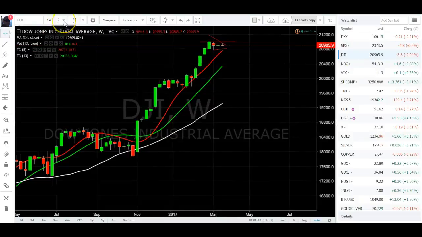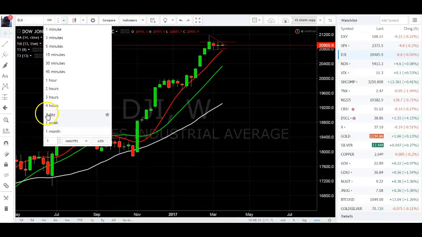Dow Jones, pretty much a descending triangle at the top there. Trade outside that triangle. Watch out below from 20,800.